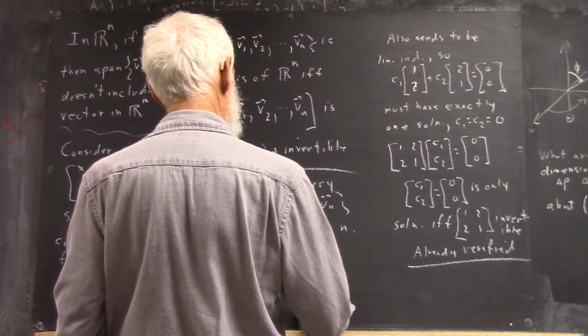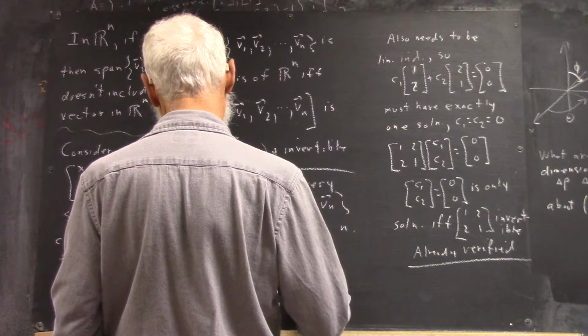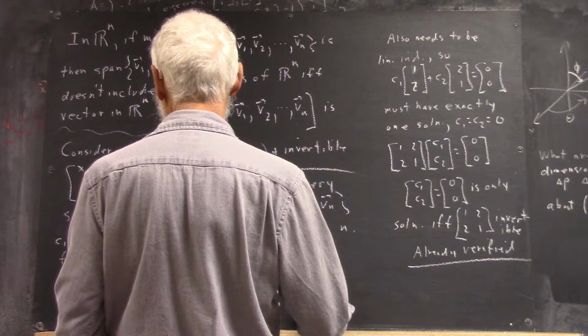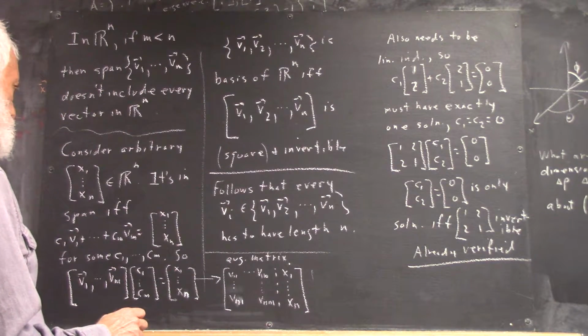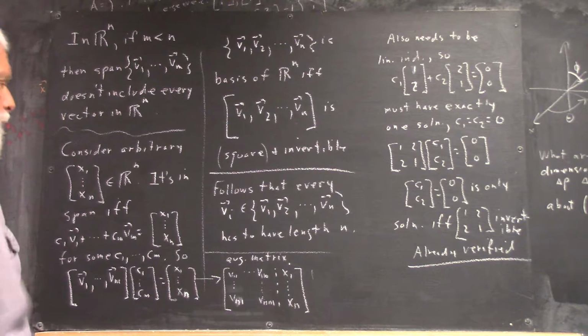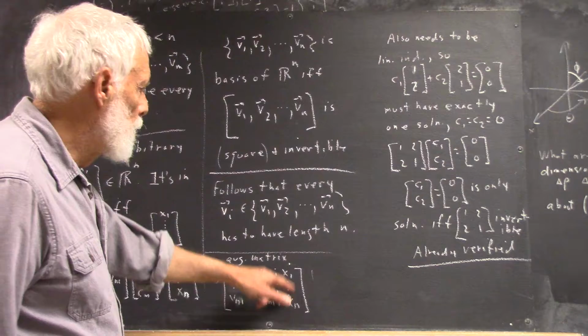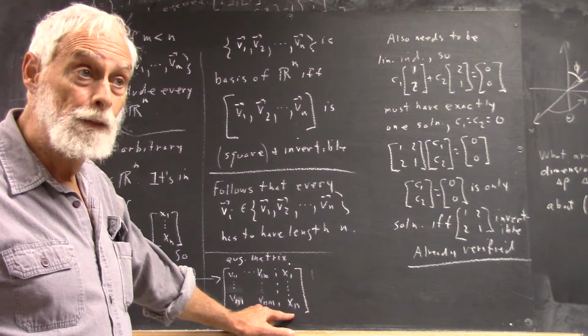All right, and finally, last one here. There's one more statement I should have written. We get this, we get this. X1 through Xn is in the span if this has a solution.